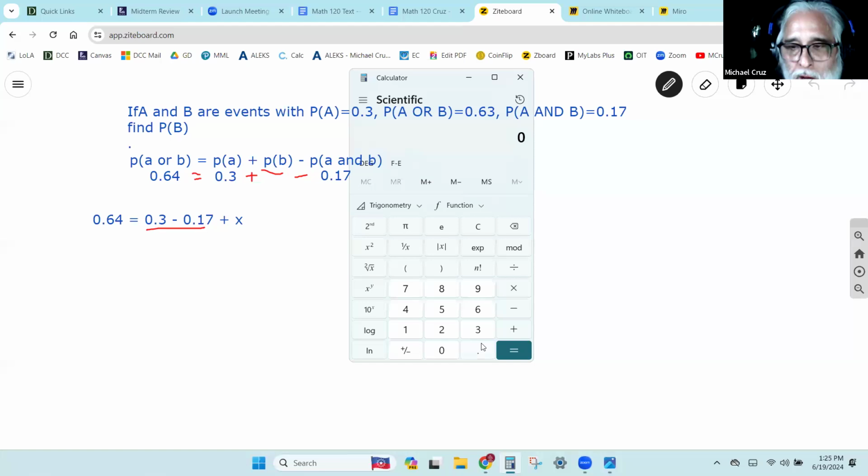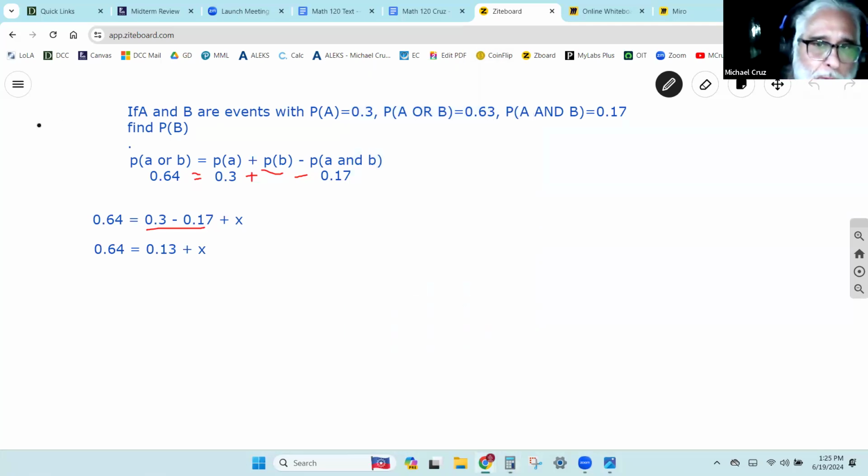So 0.3 minus 0.17 is going to be 0.13. So 0.64 is equal to 0.13 plus X. To find the value of X, therefore the probability of B, I now use the property where I subtract and put everything on one side.